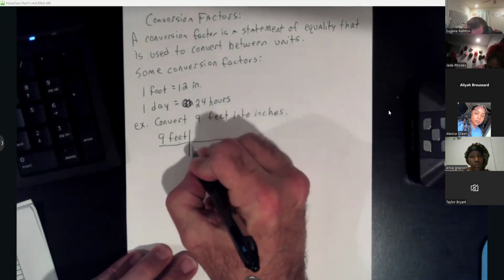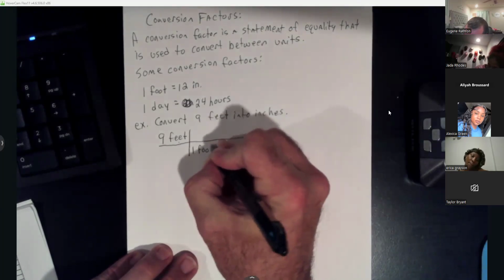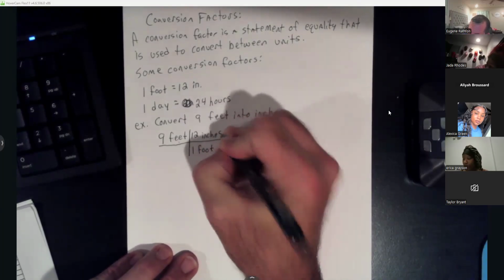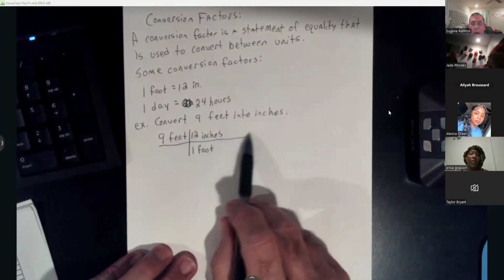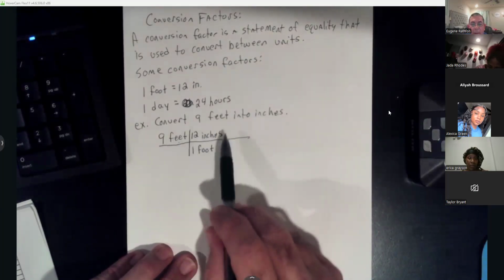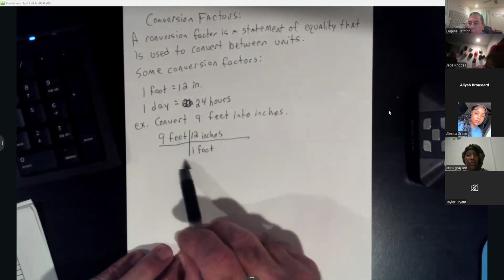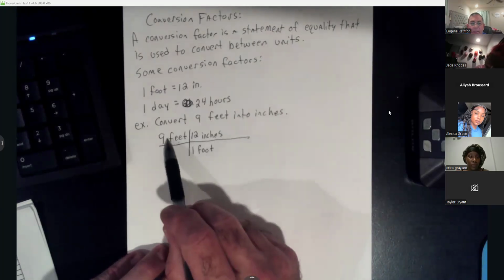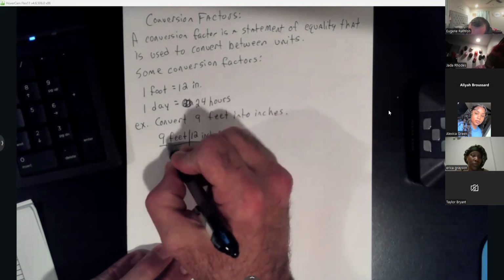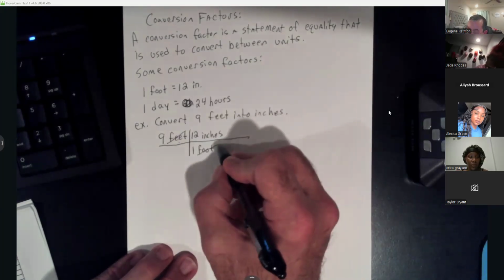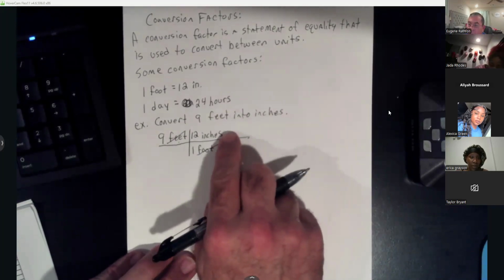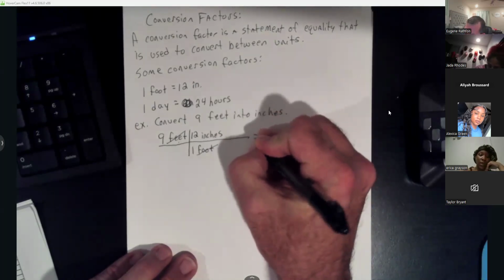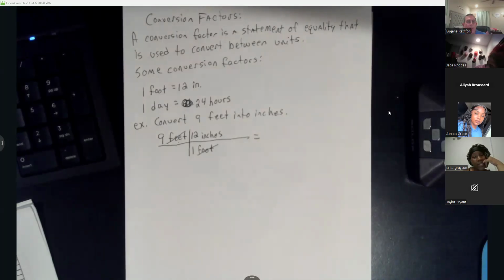So down here, I'm going to put for every 1 foot, there's 12 inches. Now, everything on top gets multiplied together. Everything on bottom would get multiplied together. My last step would be to divide this, okay? So, notice what happens. The feet cancel out, and the only units that'll be left are the inches, which is what they wanted.